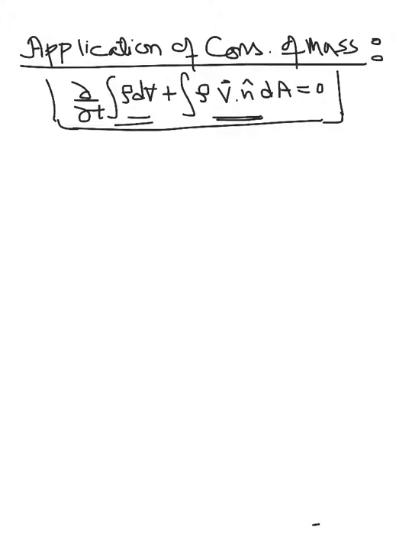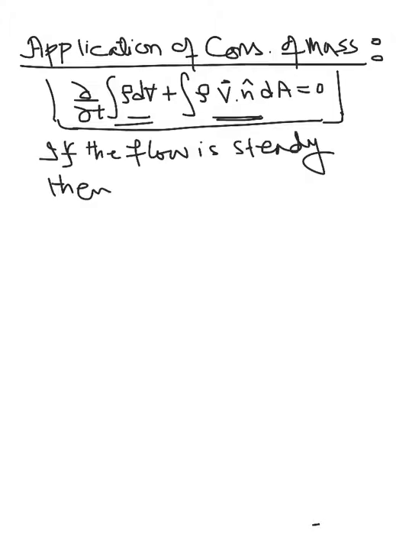If I assume that the flow is steady state, so for a steady flow in which the properties remain the same over time and no change in the flow field occurs, then the unsteady part, the time derivative term, will be 0.